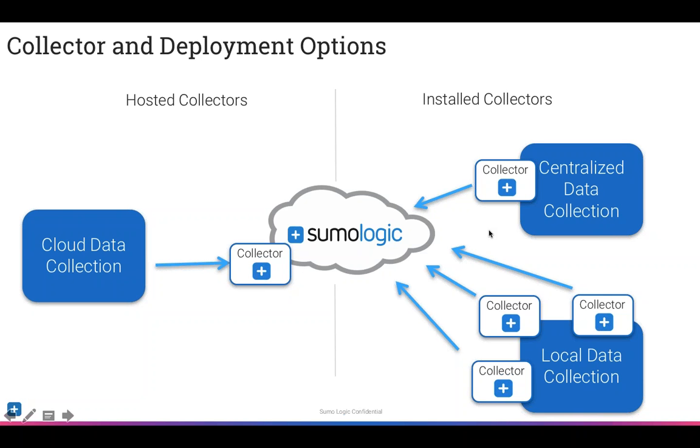Now, here's a couple of things to consider about installed collectors. If you're going to have a collector on a dedicated machine, again, this is more talking about this centralized data collection, you're going to be running a very high bandwidth network with high logging levels through that. So you might consider this if you already have some sort of centralized data collection option.